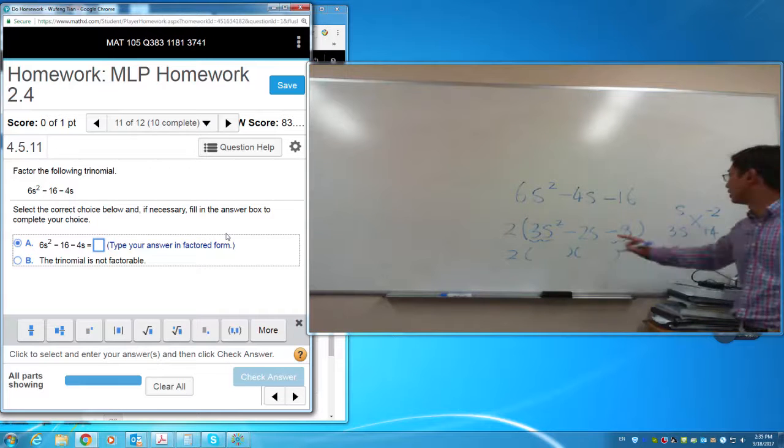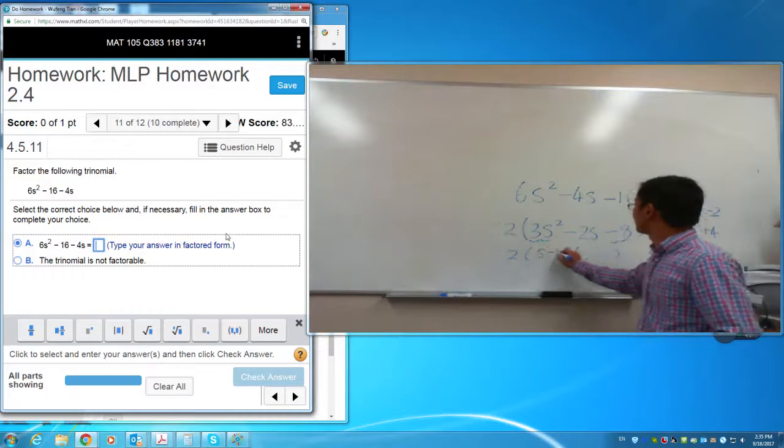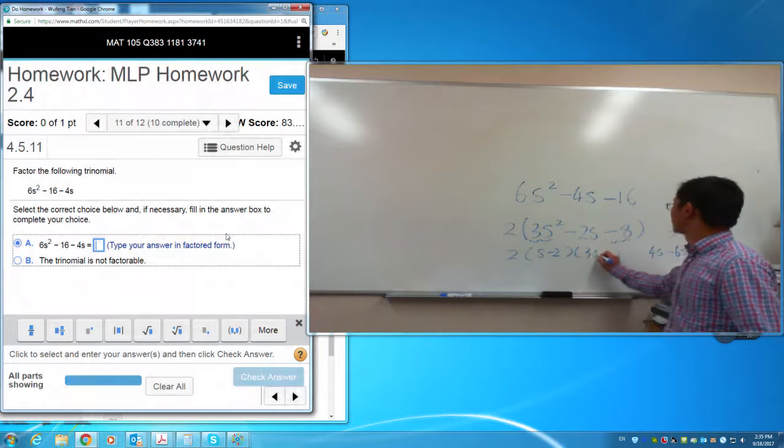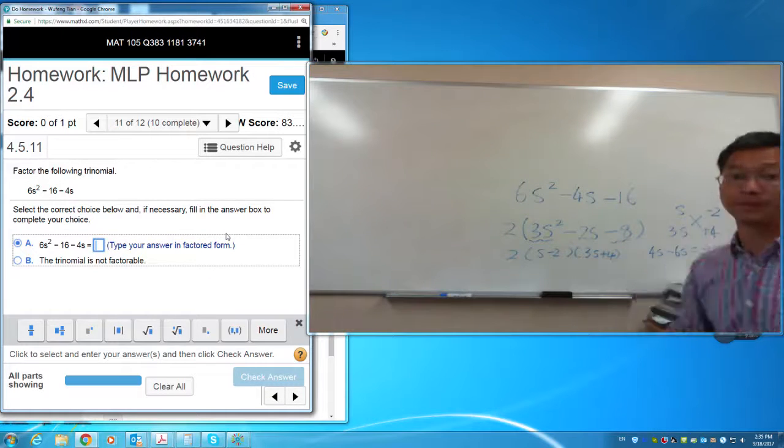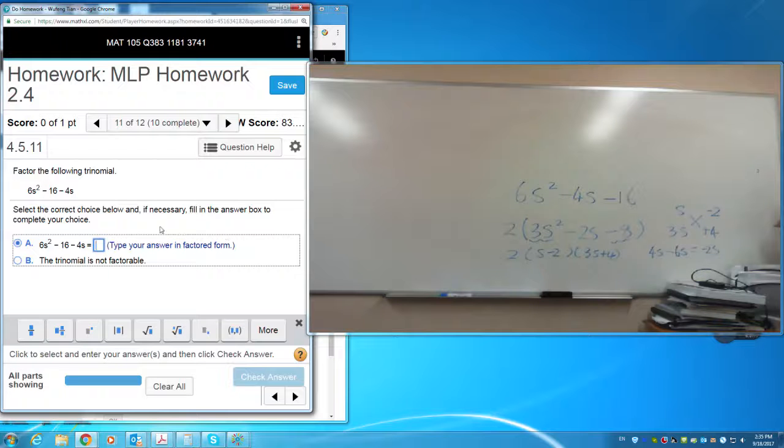That's the middle one. So the answer is s minus 2 here, and 3s plus 4 here. Okay. So 2 times s minus 2 times 3s plus 4.